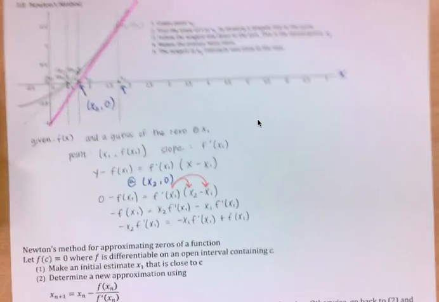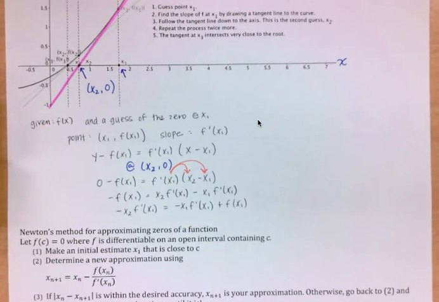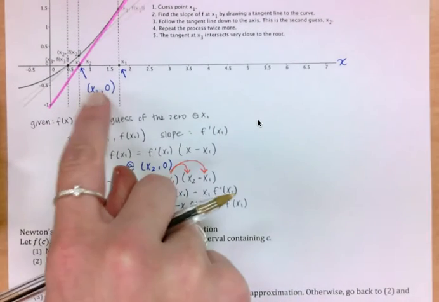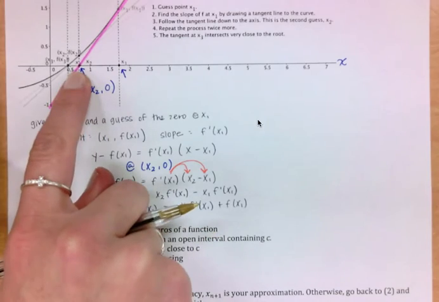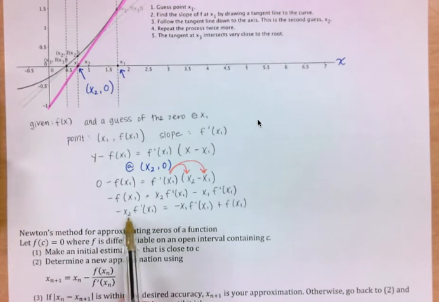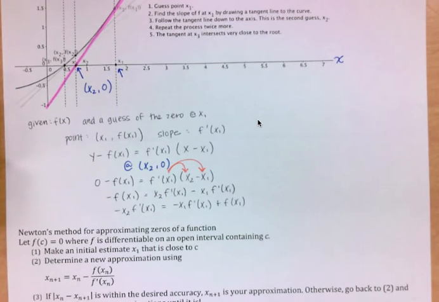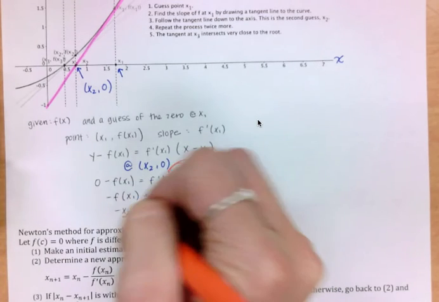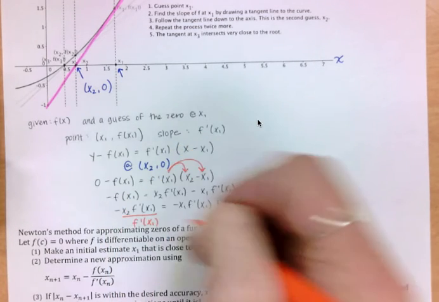That was just moving things around. Again, we're looking for x2, because it's pretty close to our root. What is that value? So then we need this by itself, so our last step is to divide all three sides by the derivative at x1.